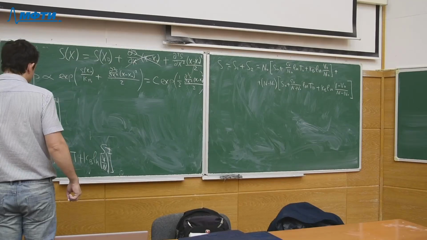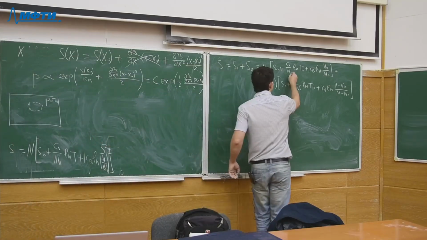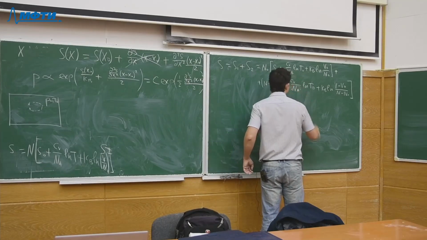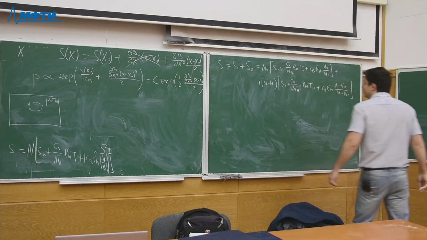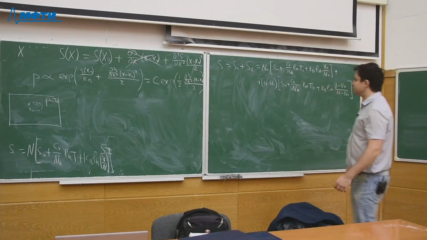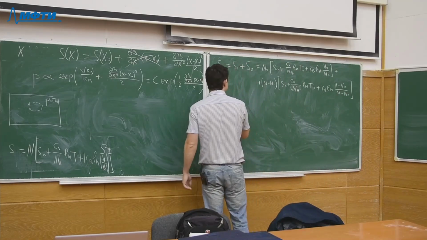Actually, in here it should be over N Avogadro, so I have made a small mistake here. Over N Avogadro. Now if I open all of these brackets and collect all the terms together, that would give me something like follows.